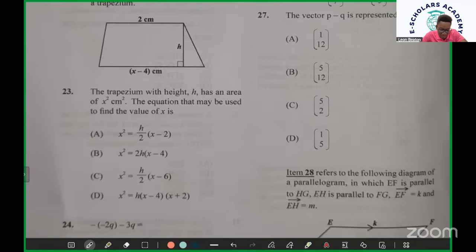We know the formula for the area of a trapezium: A is equal to half the sum of the parallel sides, A plus B, times the height. They told us the area is x squared, so x squared is equal to half multiplied by the parallel sides, which would be 2 plus x minus 4, times the height.